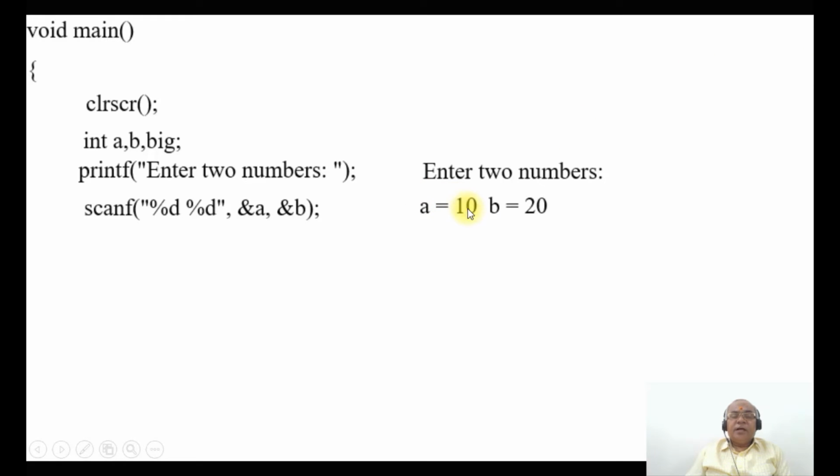So A is assigned the value 10 because the first number entered is 10, and B is assigned the value 20.